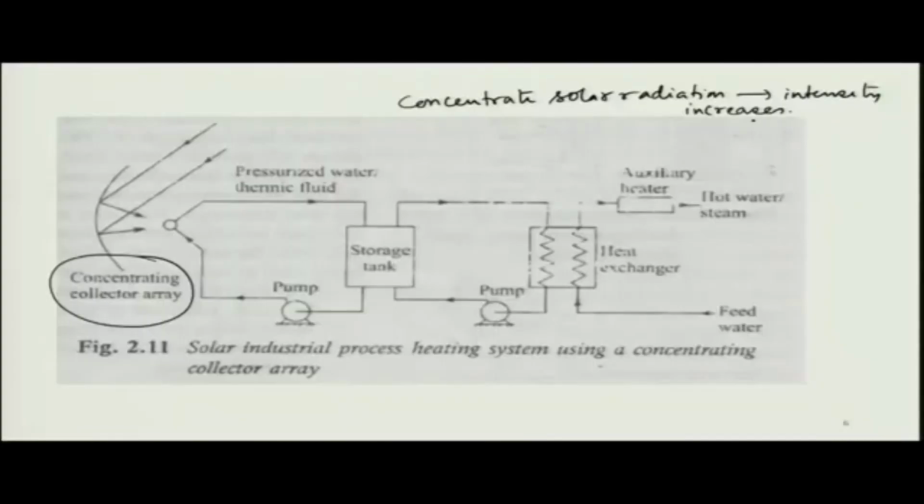Now, I am not going into detail of this concentrator optics, I will do that in the subsequent lectures, but what I want you to understand is that a small absorber of whatever shape can get much more intensity, and that is how you can get a huge amount of useful heat as well as a huge temperature that you can achieve.